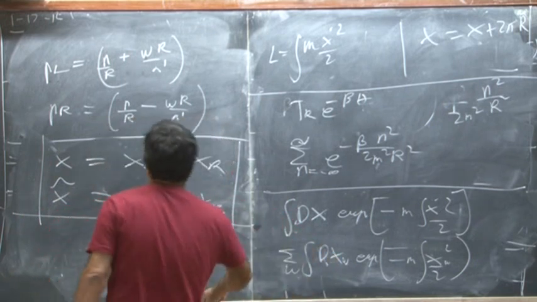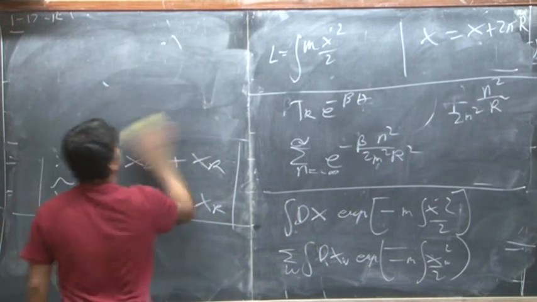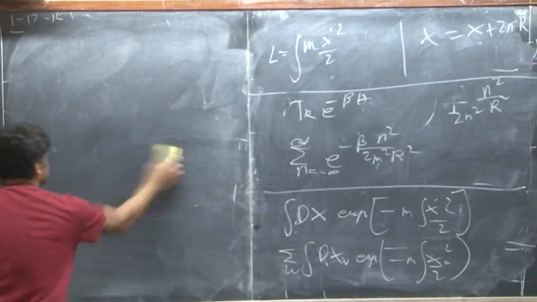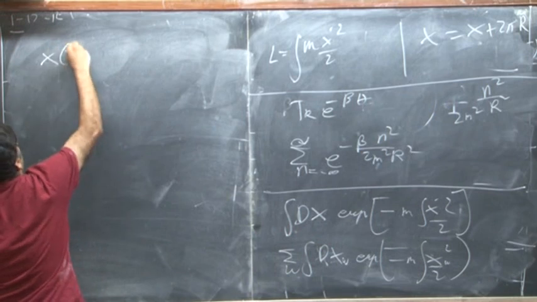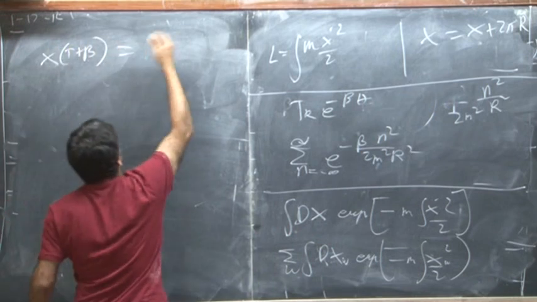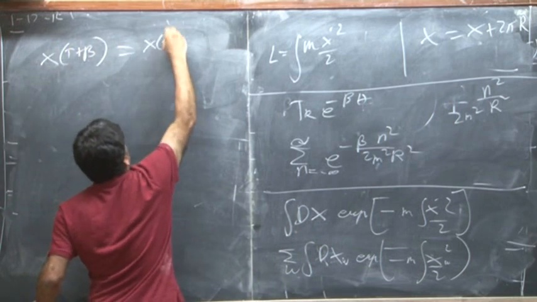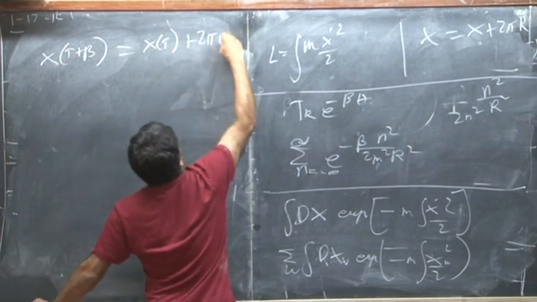Okay, so in sector w, x of tau plus beta is equal to x of tau plus 2 pi w.